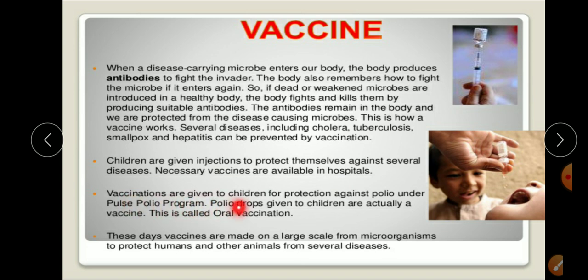Vaccinations are given to children for protection against polio under the Pulse Polio program. Drops given to children are actually a vaccine. Understood? This is called oral vaccination. Drops means we are not giving any injections.